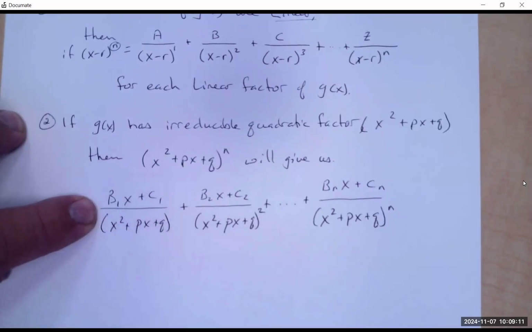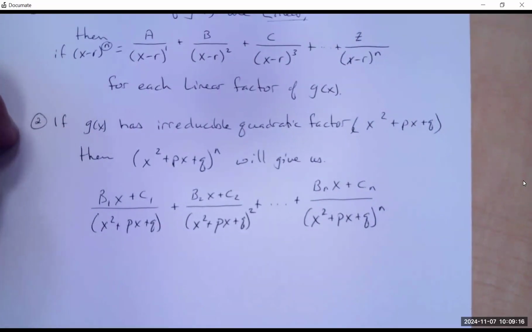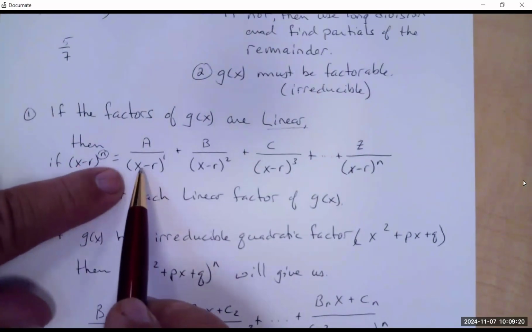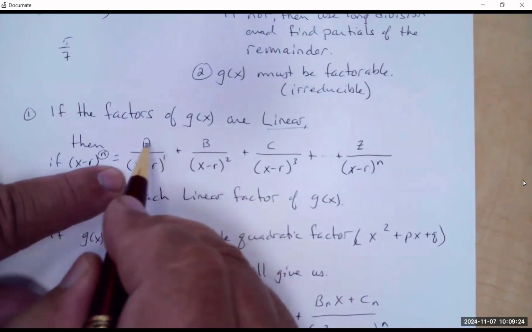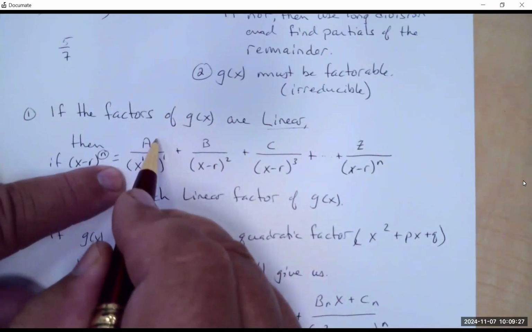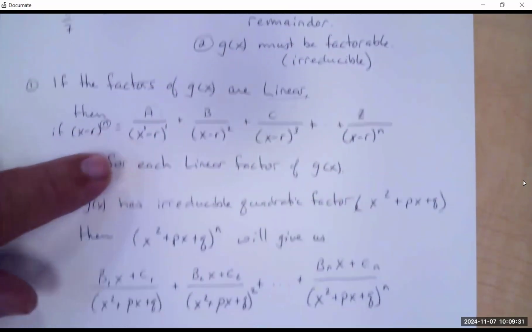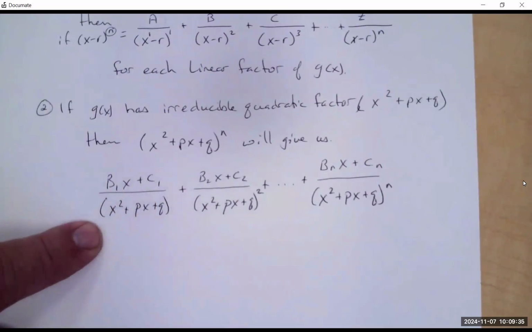But remember, the numerator has to be a lower degree than the bottom. The degree of the bottom one here is 2, and the top one, the degree is 1. If the numerator were a constant, the degree is 0. Anything to the 0 power is 1, so you just have the numbers. You don't have any x's. If you have a quadratic on the bottom, you have to have a linear on top.